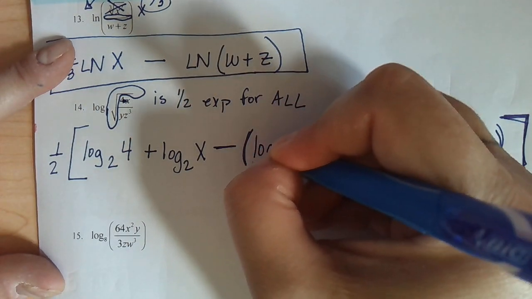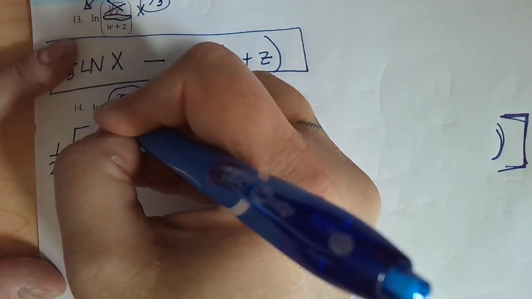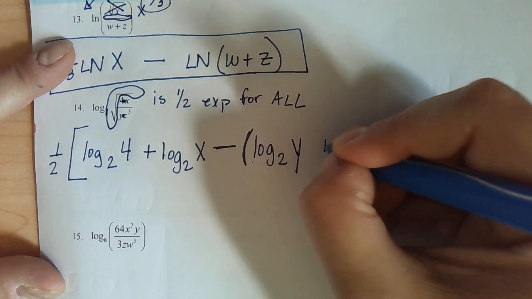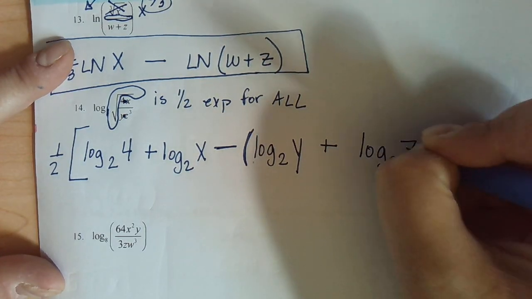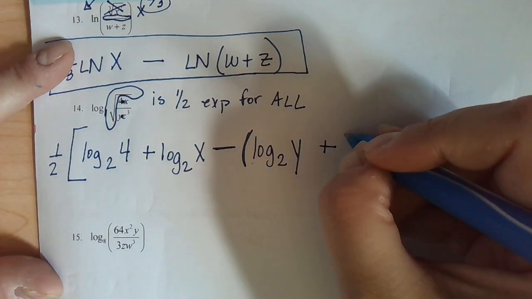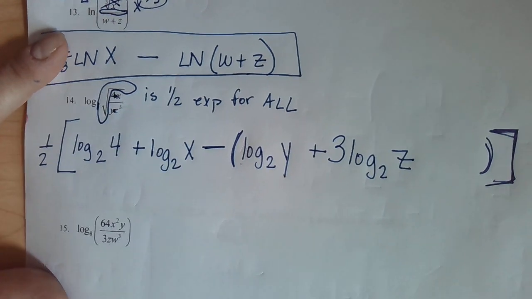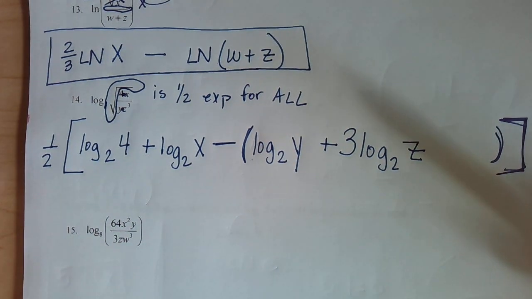So we have log 2y, but then there's a times in between the y and the z, so it becomes a plus. And then we have log 2z. But that z had a 3 in the air, so the 3 needs to go in front of the log. Okay, and then you can either distribute from here, or you can just keep it this way.